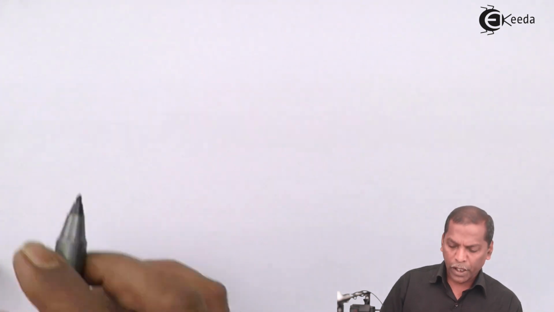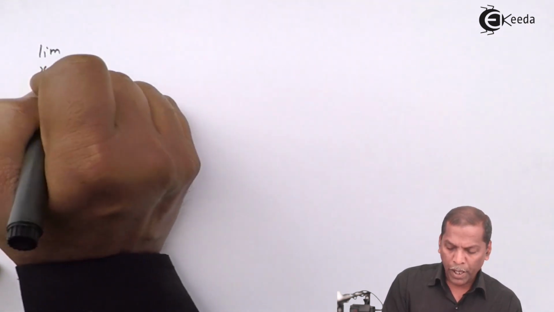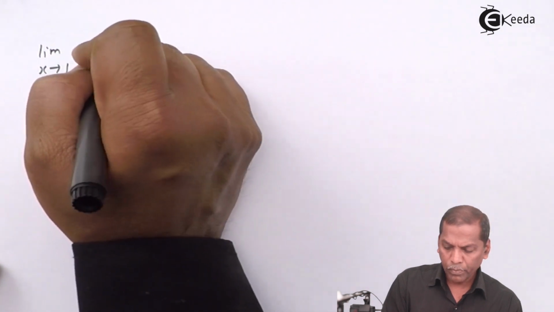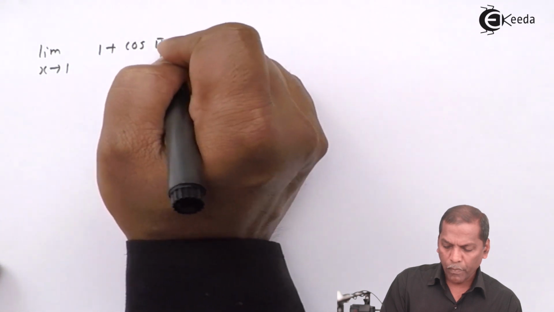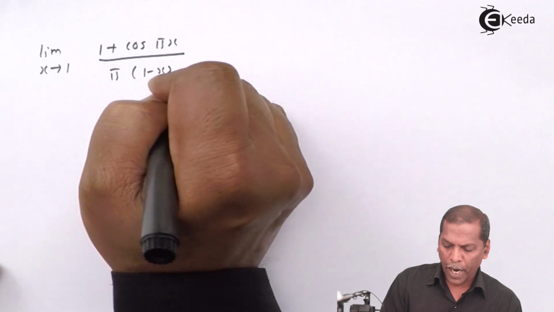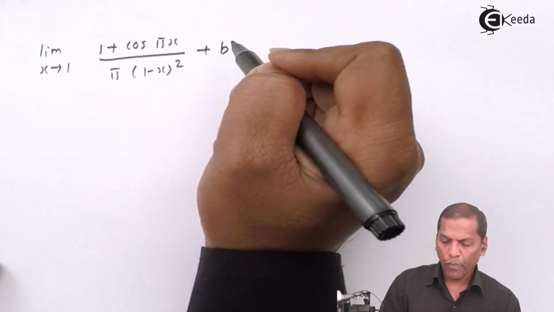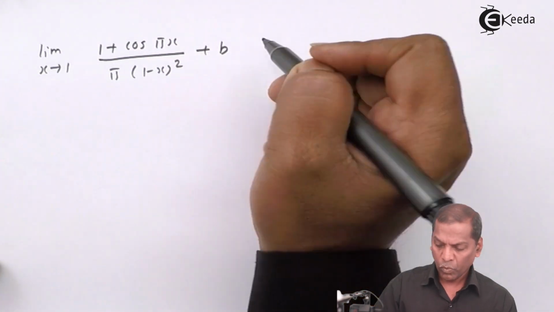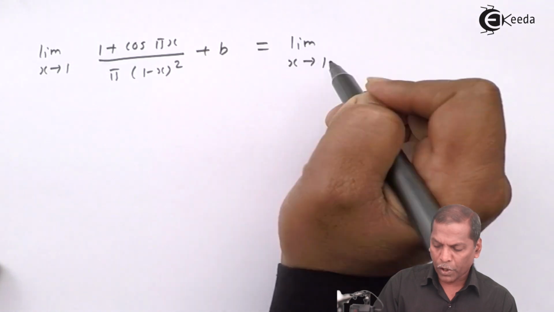So our next step will be limit x tends to 1 plus, 1 plus cos pi x upon pi times (1 minus x) the whole square plus b, is equal to limit x tends to 1 minus.